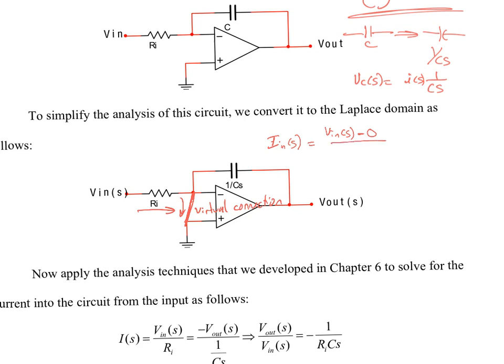So we have our current, which again, that current has to go through here. So help me out. What is the current through the capacitor in the Laplace domain? We just did it for a resistor. What's the current in a capacitor?